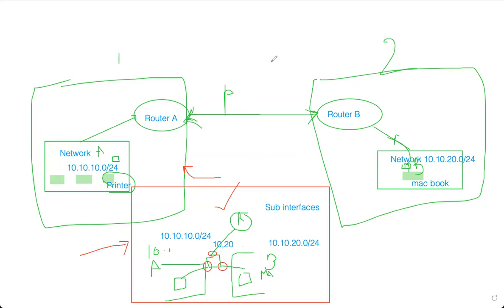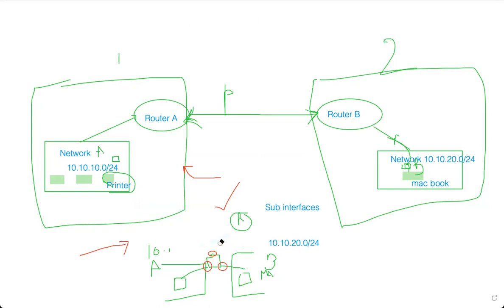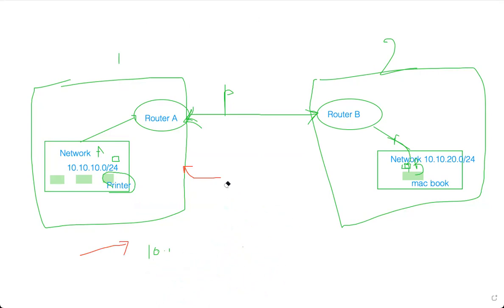So now let's go back to this network. Now we know this can be a router on a stick, and this can be a router on a stick as well.